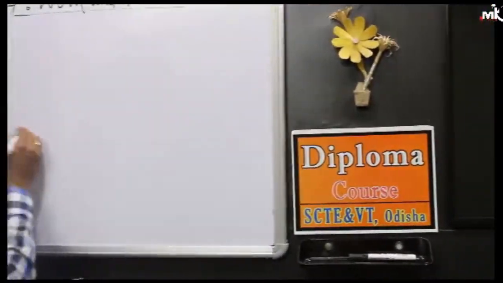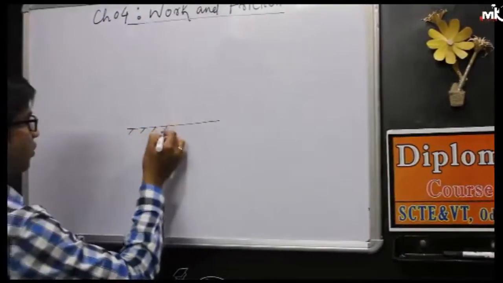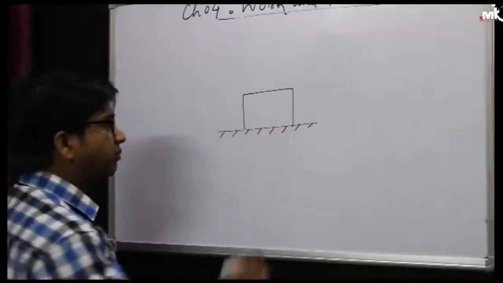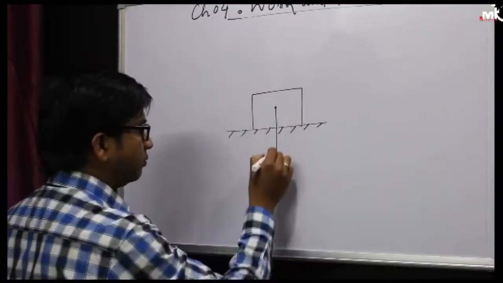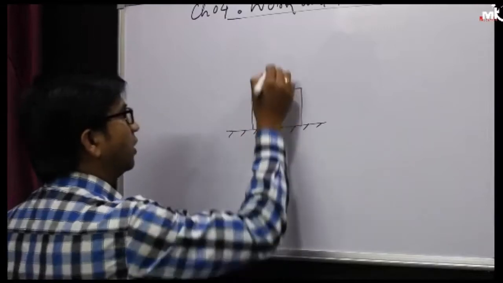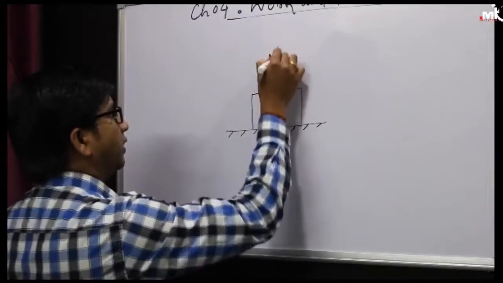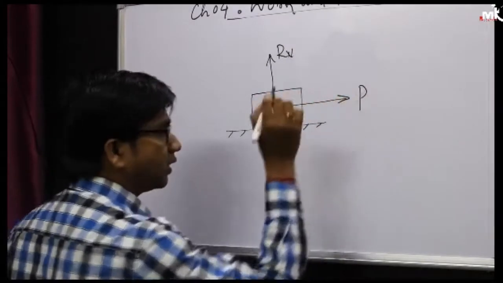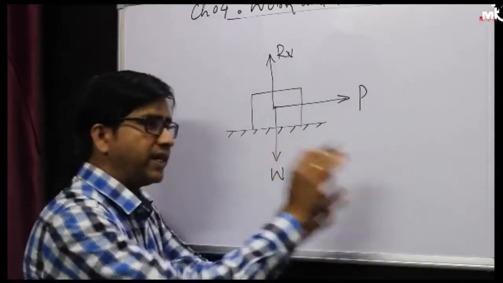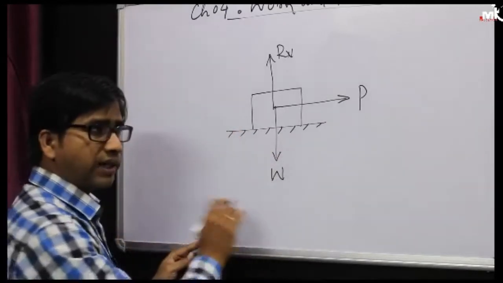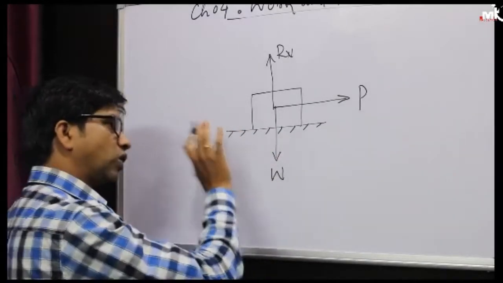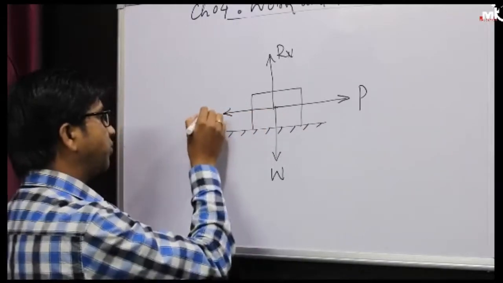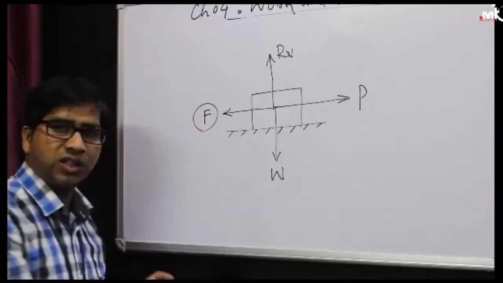So if there is a body on a horizontal plane, kept at rest, the forces are the weight of the body and the upward normal reaction. Suppose we apply a force P, so the body tends to move towards right in static condition because of this frictional force.